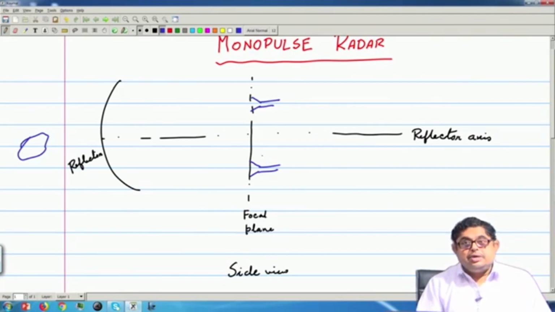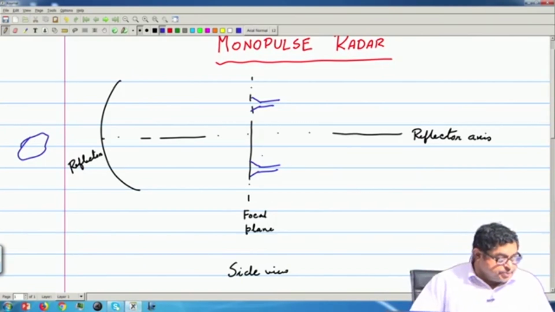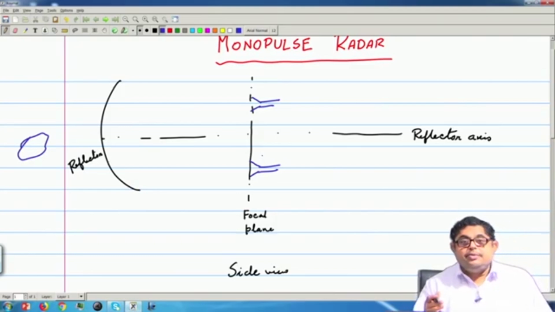If we do processing of those RF signals, we will be able to find out the target direction. From the initial days, these 4 receivers were exactly synchronized.